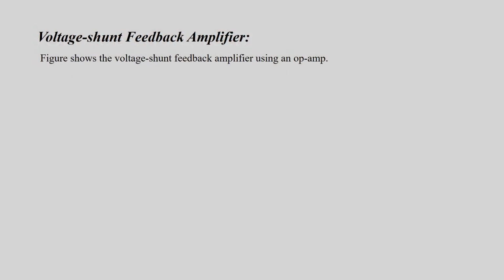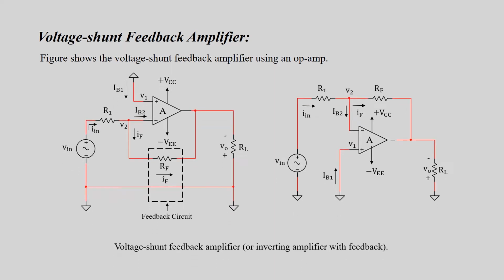So this figure shows the voltage shunt feedback amplifier using an op-amp. As discussed, you can see we have applied input as well as the feedback to this negative terminal or inverting terminal. Feedback circuit consists of RF only.